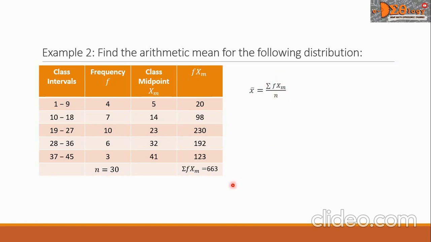Taking the values from our table, we have the numerator as the 663 and the denominator is 30. Simplifying this, the quotient will be 22.1. This is our mean. This is our final answer.